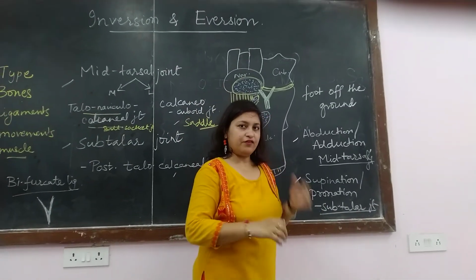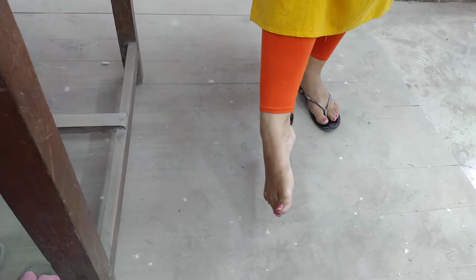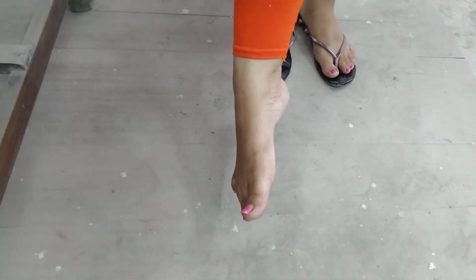So, let me first show you in my foot how the movement is taking place. My foot is off the ground. Inversion movement is lifting the medial border of the foot above so that the sole is looking downwards and medially.